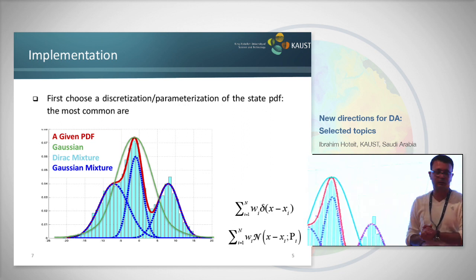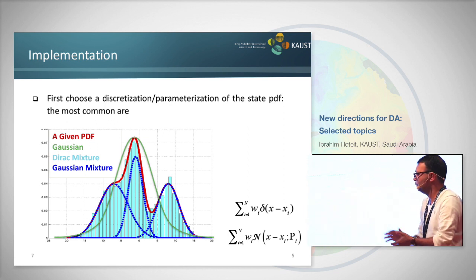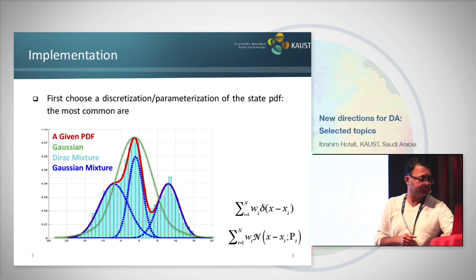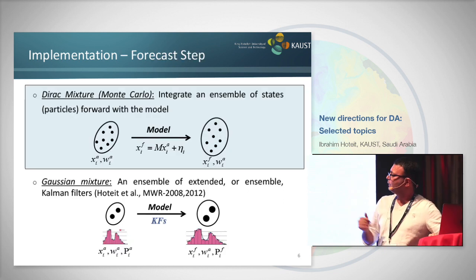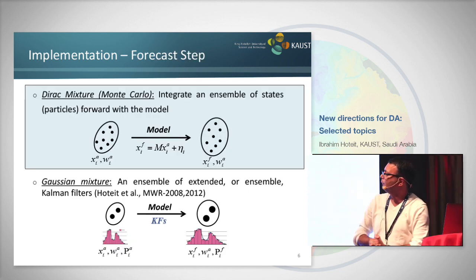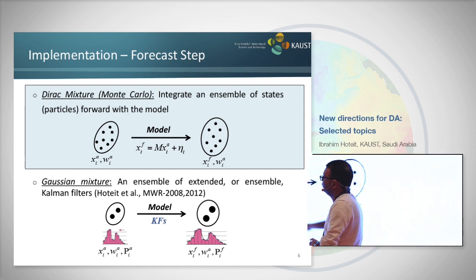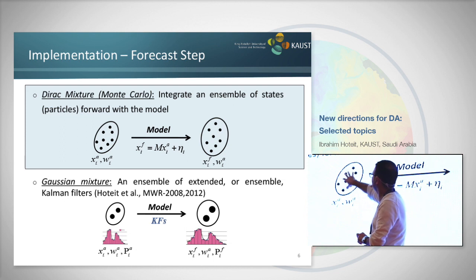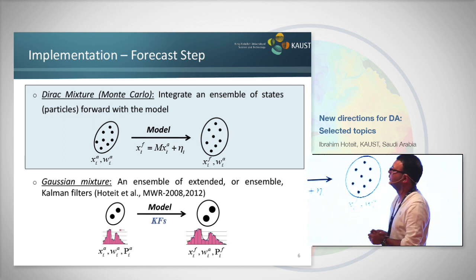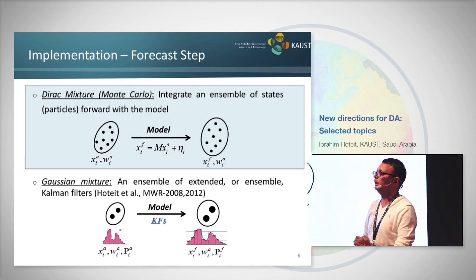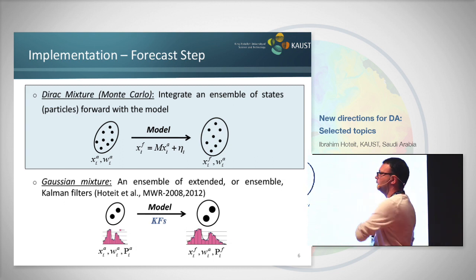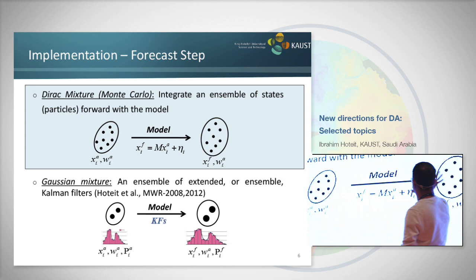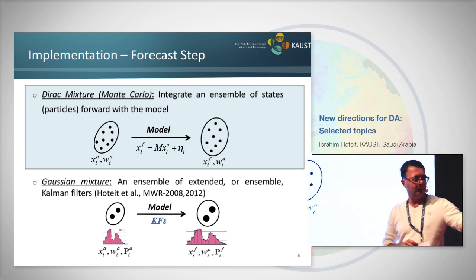So if you take these, okay, and you represent the PDF somehow according to this approximation, then if you take the forecast step, let's say, you take a bunch of points from the PDF, and you just integrate them with the model. This is the Dirac mixture Monte Carlo update. Okay, if your PDF is histograms, numbers, just propagate it forward in time.